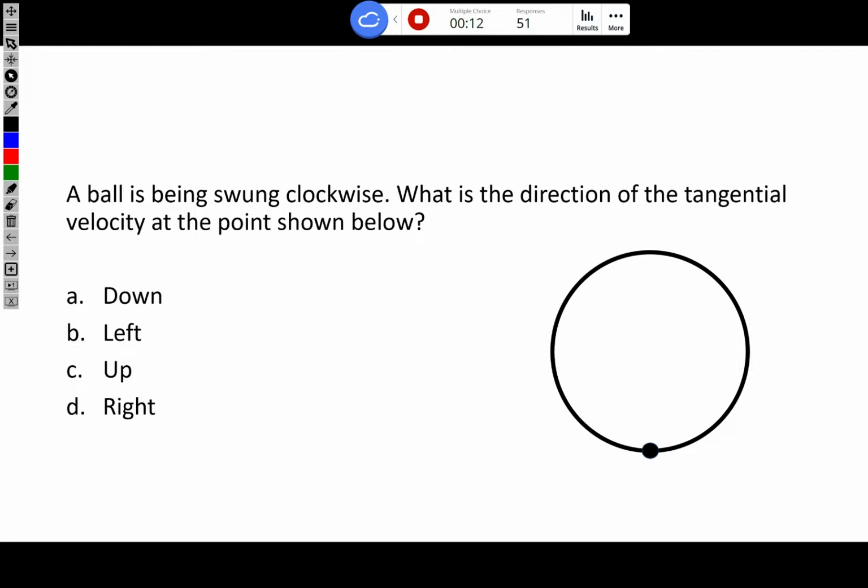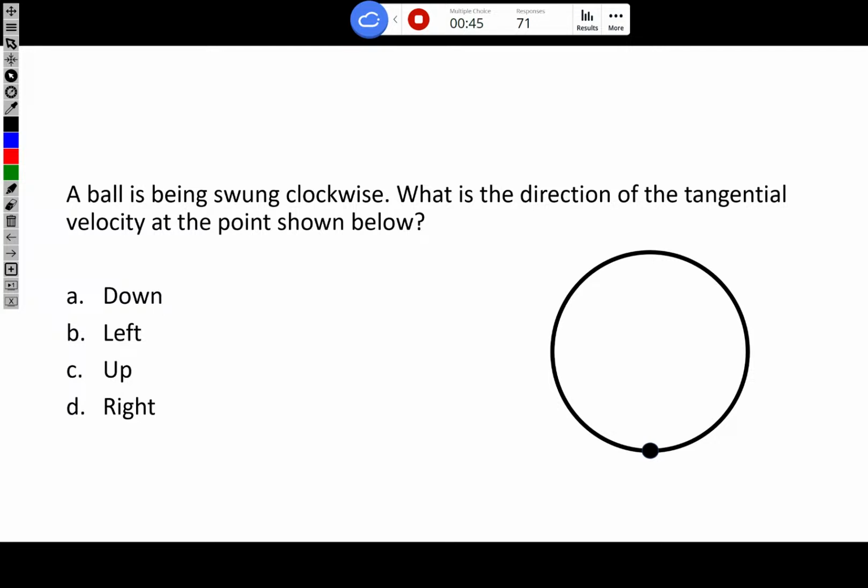And I'll teach you all how to draw this on the pictures in case you're not sure. Right? This is the logic. Literally, if you can visualize it.